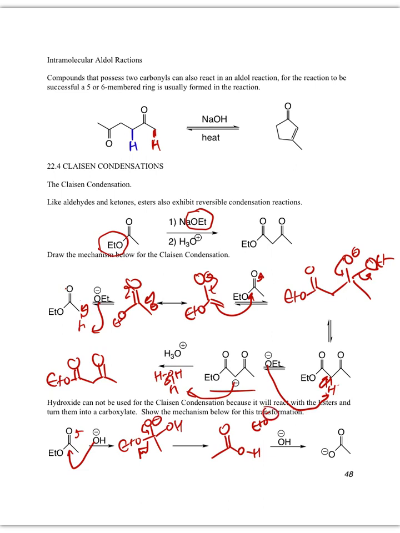And then the ethoxide or the hydroxide, either one, could come in to take the extra hydrogen off of the carboxylic acid to make the carboxylate. So if we don't use the exact same alcohol as what was in our ester, we run the risk of changing the starting material to something else, which is less helpful and makes a mess in that we'll get multiple products. So we always want to be careful what base we use with a Claisen condensation.